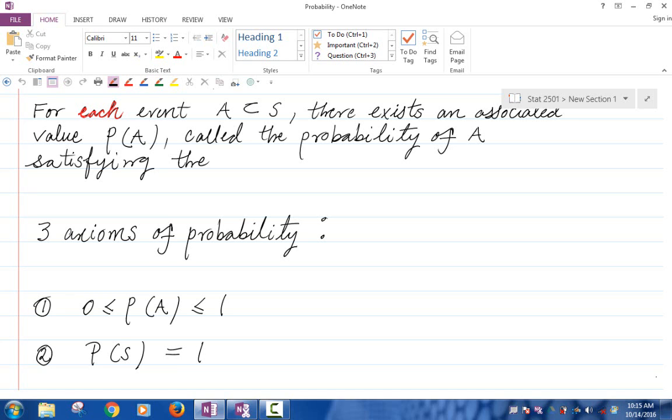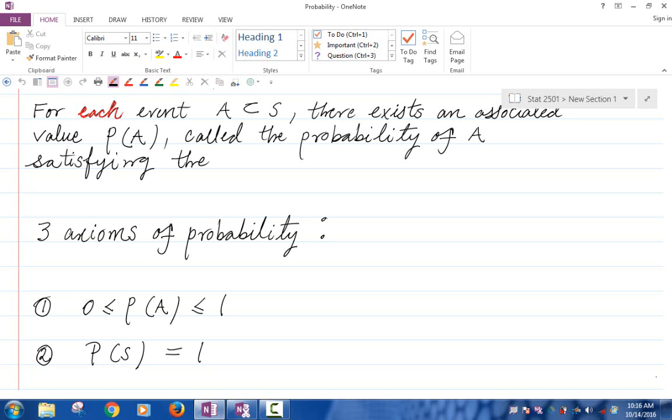Does it make sense to assume that the probability of A is between 0 and 1? Yeah, because a probability of 0.4 would mean that the likeliness that the event A occurs is 40%, right? So making P of A between 0 and 1 makes perfect sense.